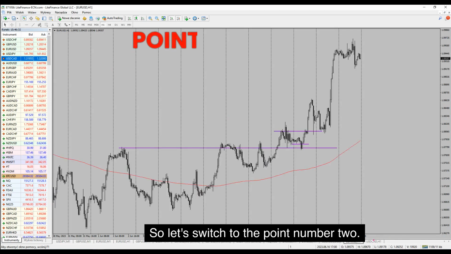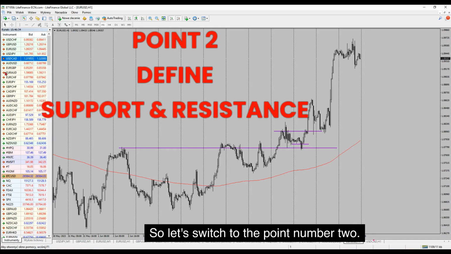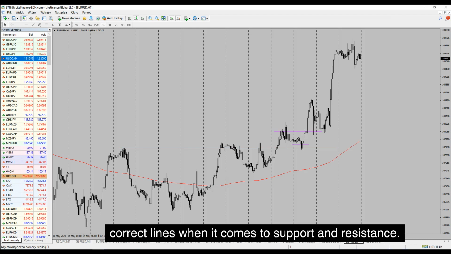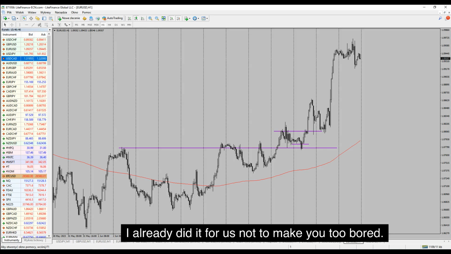Okay, so let's switch to point number 2. Here we go. We have to be able to place the correct lines when it comes to support and resistance. I already did it for us, not to bore you too much.